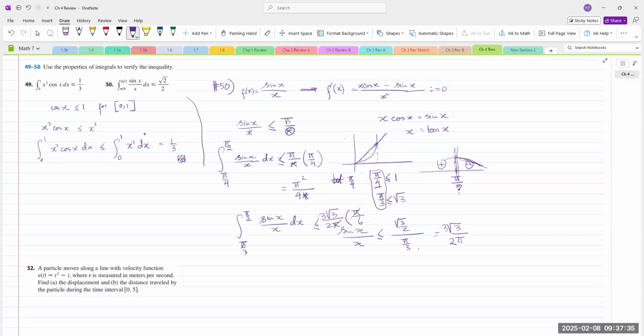You see what I mean? So radical 3 over 4. But because it starts from pi over 4, where the value here is more than 1, I can't really do it that way, unless I split this integral into the integral from pi over 4 to pi over blah, the one that makes them equal, plus the integral from pi over blah to pi over 2.